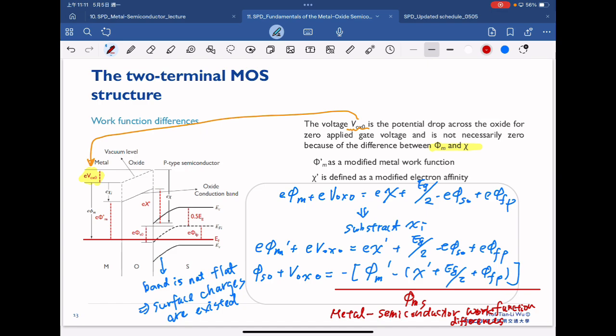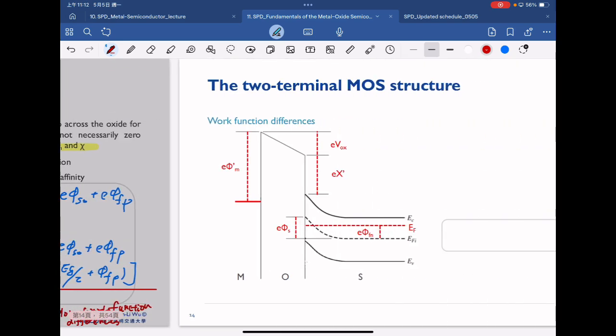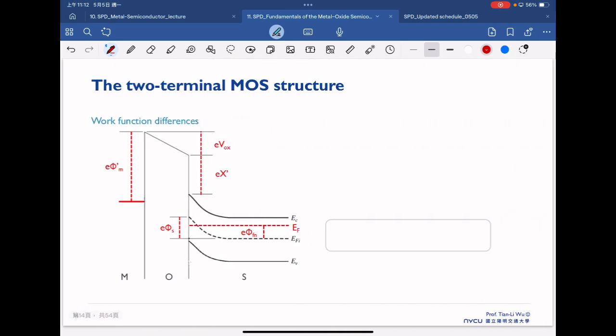So finally, we have the equation to describe the difference between the semiconductor and metal work function difference, which we express as phi_ms here. We can do exactly the same for the N-type semiconductor, then we get the same equation.